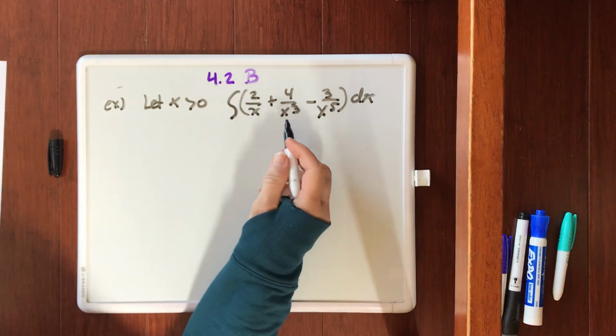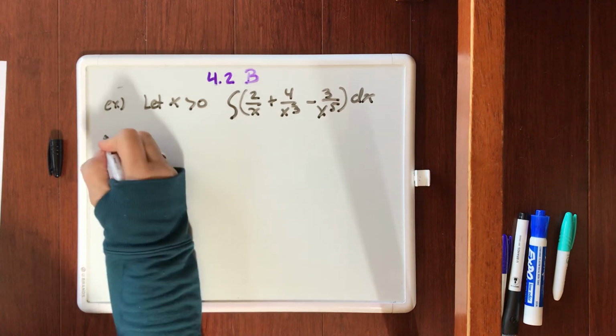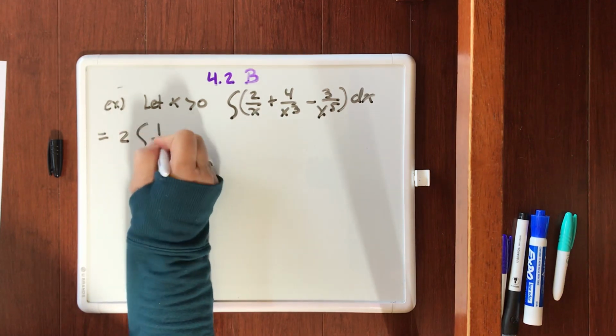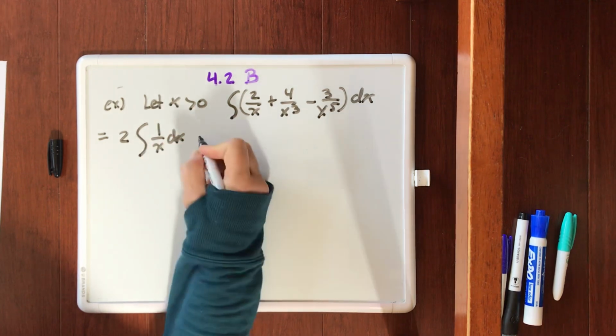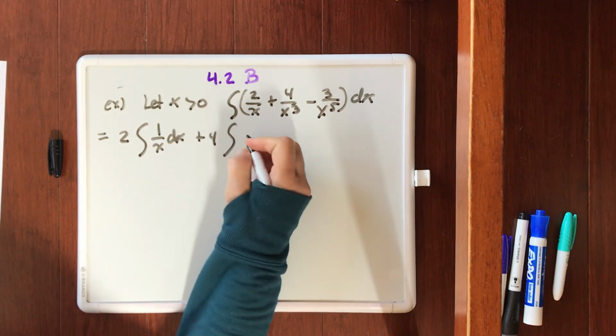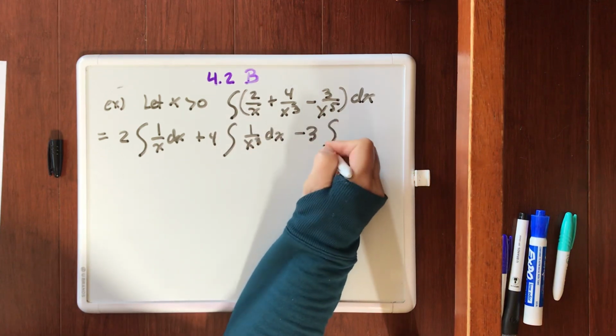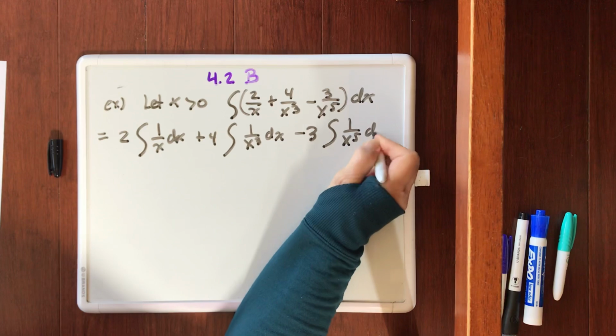Okay, so if we want, we can pull out all the whole numbers. We have 2 integrating 1 over x dx plus 4 integrating 1 over x cubed dx minus 3 integrating 1 over x to the 5th dx.